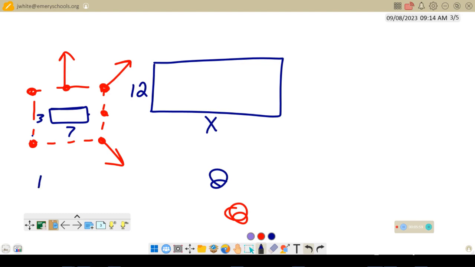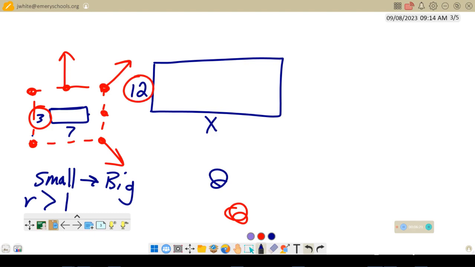If I go from a small figure to a big figure, my ratio of dilation is going to be bigger than 1. Okay? And in this case, the ratio is really easy because this side is proportional to that side.